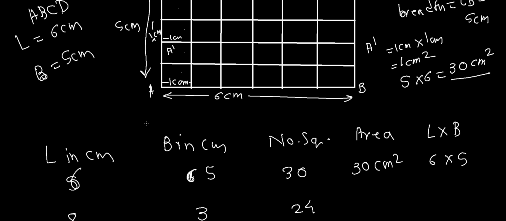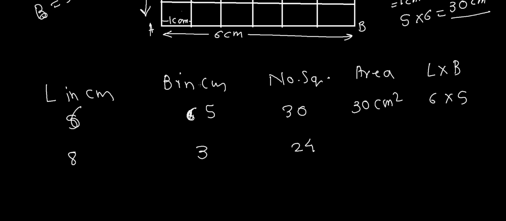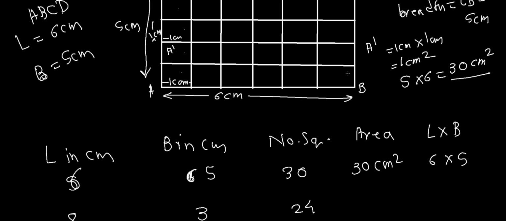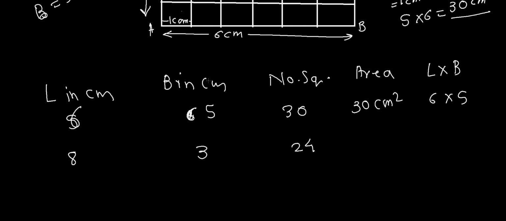So we will get 8 squares lengthwise and 3 column-wise, so the total squares will be 24, and the area covered will be 24 centimeter square.